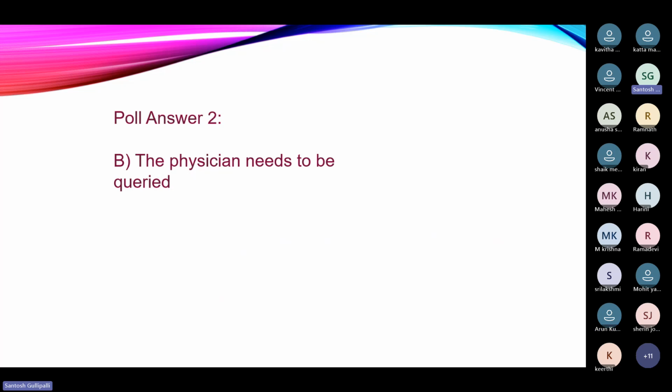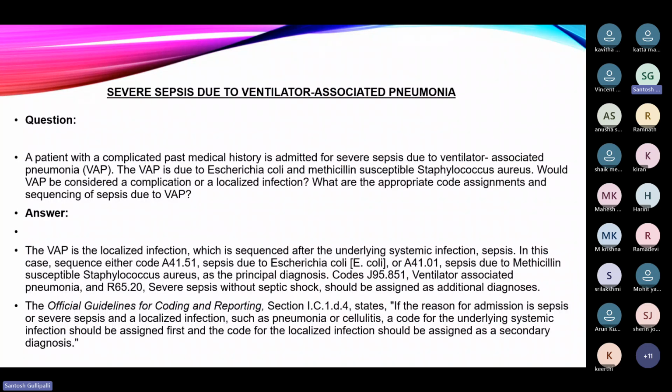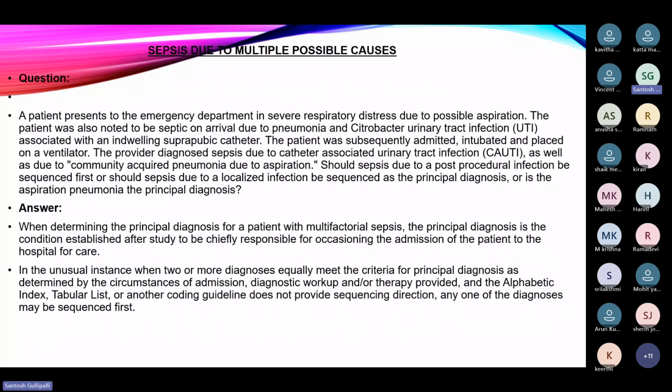And sepsis with a non-infection condition, like sepsis due to aspiration pneumonia, how to code; sepsis and COVID-19, how to code; sepsis due to gram-negative aspiration pneumonia, how to code; post-procedural wound infection and post-procedural sepsis, how to code; encephalopathy due to sepsis, how to code; acute pyelonephritis due to sepsis and transplanted kidney, how to code and how many codes are required; and severe sepsis due to VAP. VAP means ventilator associated pneumonia. How many codes are required? These are all very tricky.